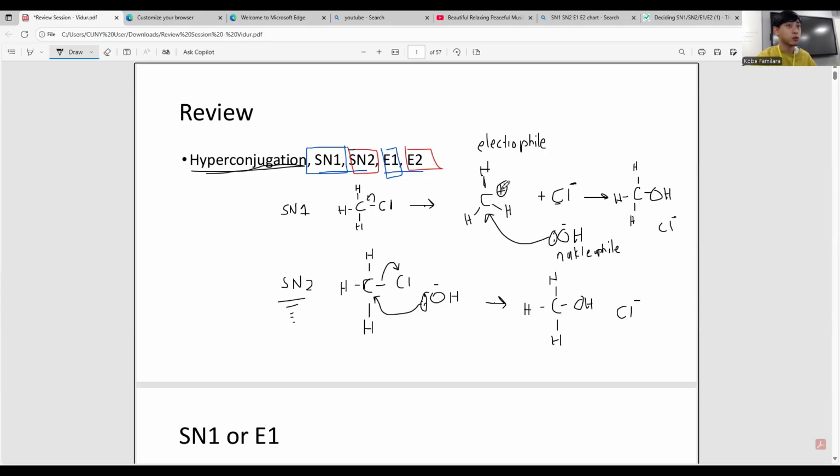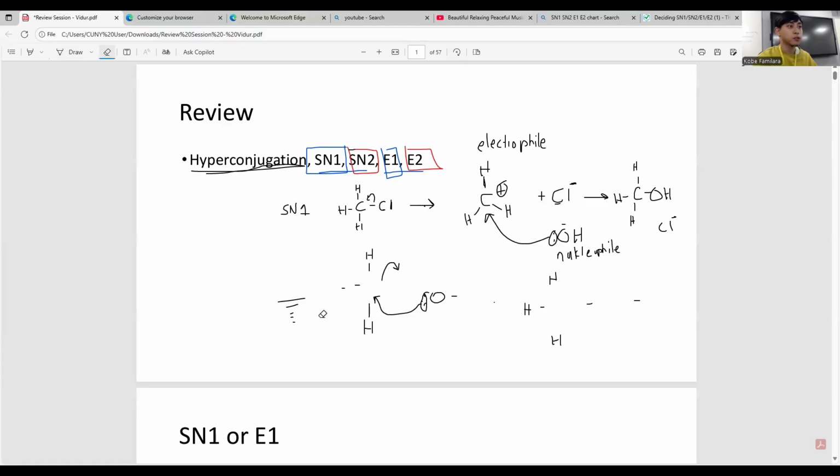It most likely will never occur because this carbon can't really hold that positive charge all on its own. There will be carbocations that are somewhat stable, and we'll talk about that a little later on. But this single carbon by itself, with three hydrogens, would be very unstable with a positive charge. So that's SN1 and SN2.